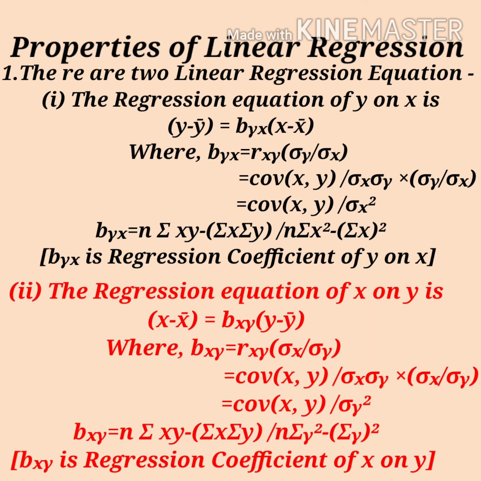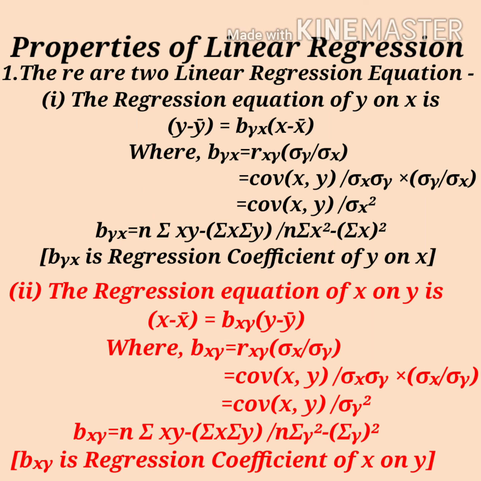So when we say the regression equation of x on y, you should write x minus x bar first, as it is x on y. And when you write the regression coefficient, you should write b_xy because it is x on y, and then you should write y minus y bar.